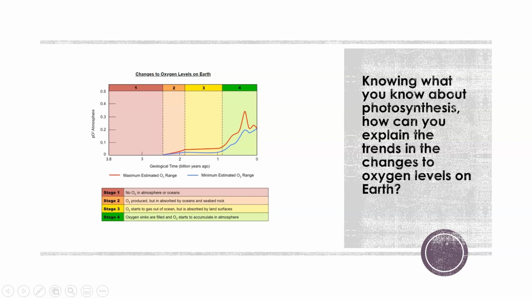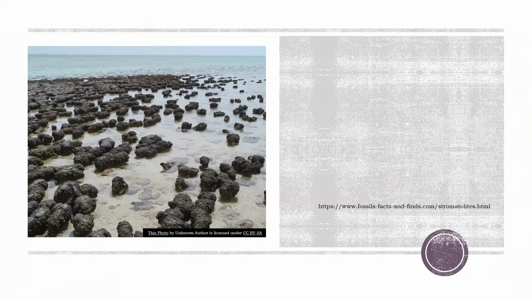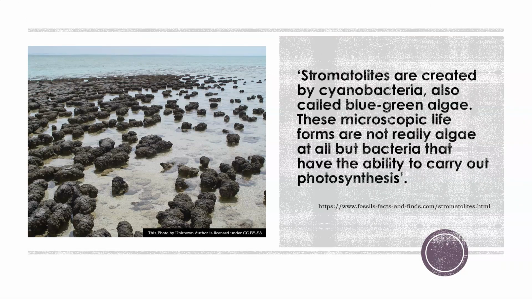Now in this section 3, O2 gas is being given out of the ocean and is absorbed by land surfaces. Now the oxygen sinks are full and O2 starts to accumulate in our atmosphere. We'll look in class as to why that actually occurred.